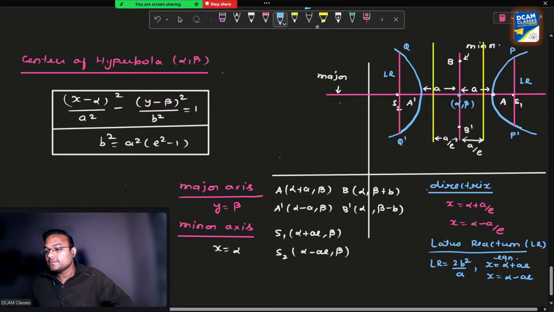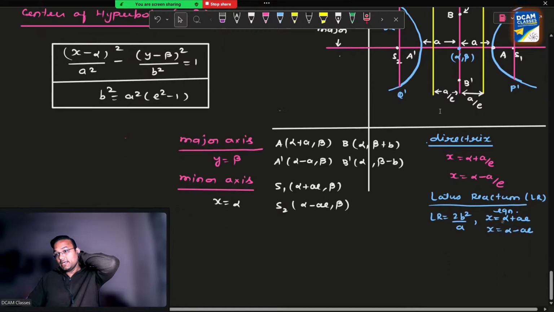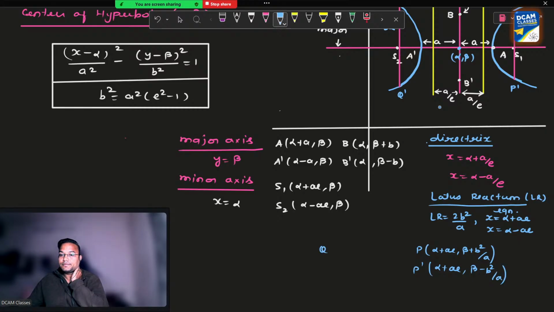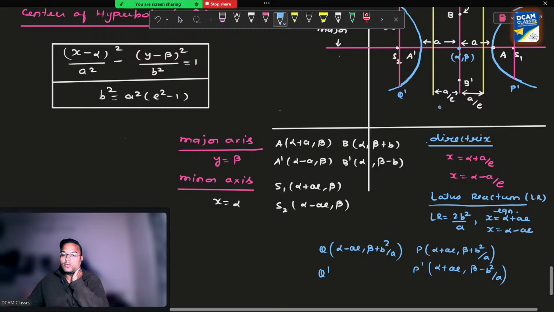Now for P, P dash: P will be alpha plus AE comma beta plus B square by A. P dash will be alpha plus AE comma beta minus B square by A. Q will be alpha minus AE comma beta plus B square by A. Q dash will be alpha minus AE comma beta minus B square by A.